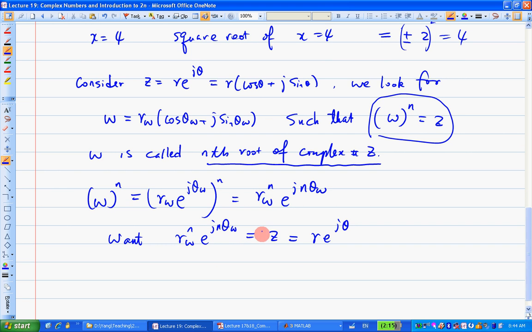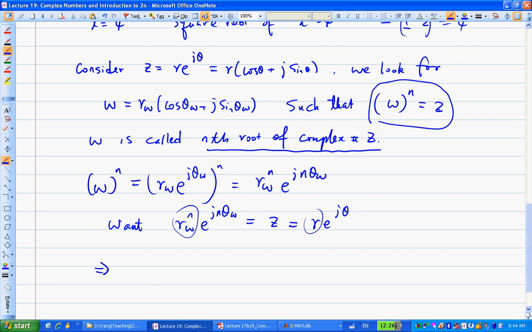You want this quantity to be the same as this quantity, and this nθ_w has to be the same as this θ here. That makes sense? So that gives me, first, R_w^n equal to R, and that basically means R_w equal to R to the power of 1 over n.